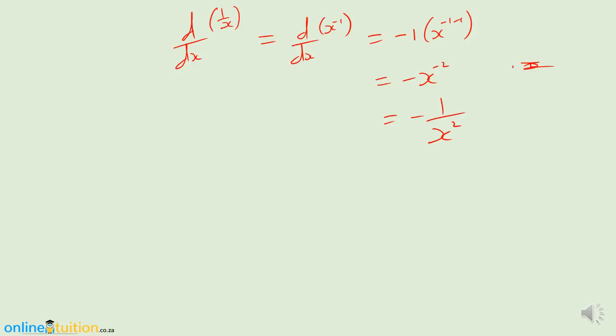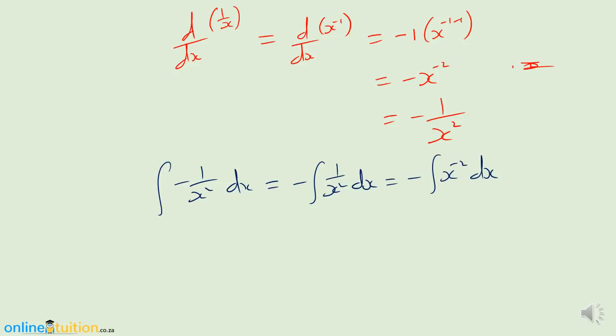Now, the question is, if I had to reverse the process, it tells me that the integral of minus 1 over x squared dx. Let's check that out. Don't let that minus sign confuse you. You can actually take that minus sign out because it's a constant. It becomes minus the integral of x to the minus 2 dx. And we've got to add 1 to the power and divide by the result, and don't forget the constant.